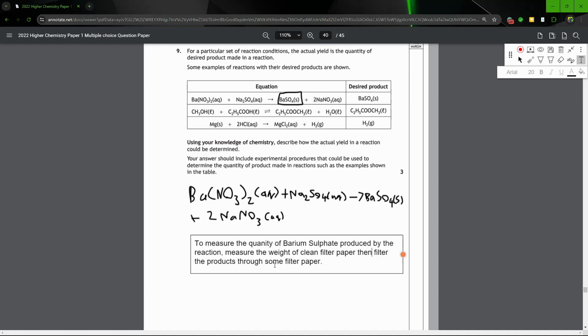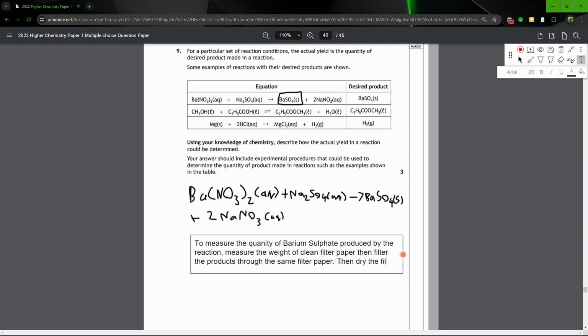Then filter the products through the same filter paper. Where we want to then dry the filter paper in an oven to remove... I need to wash it out first, don't we?